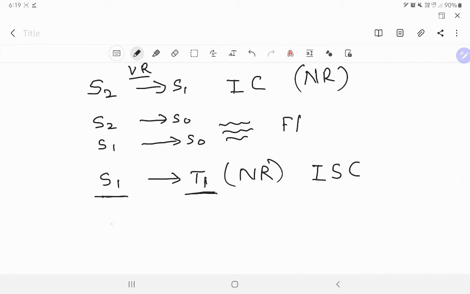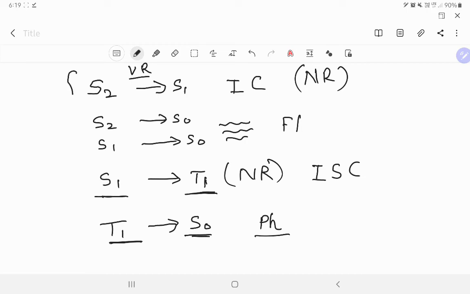Here, the transition from the higher triplet state to the ground singlet state. There is no ground triplet state; in the ground state, electrons are always paired. That's why there is no ground triplet state. Higher energy triplet state to ground singlet state is called phosphorescence.